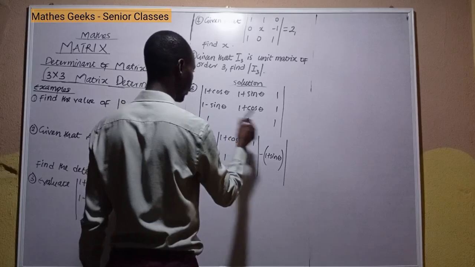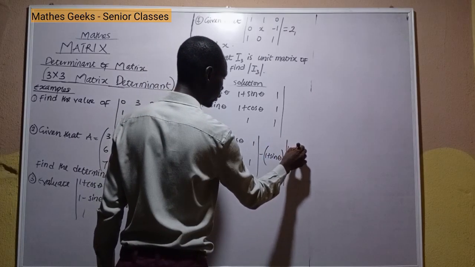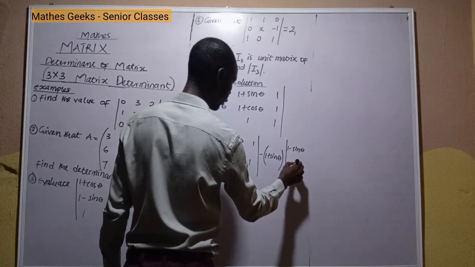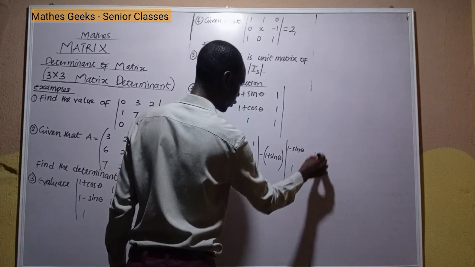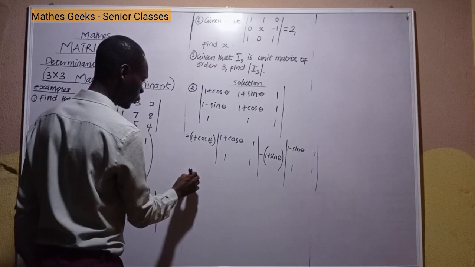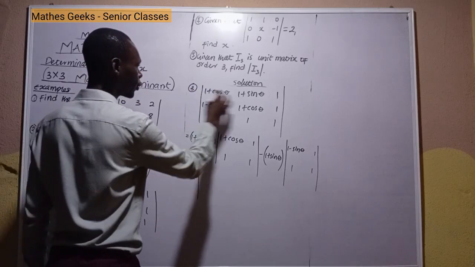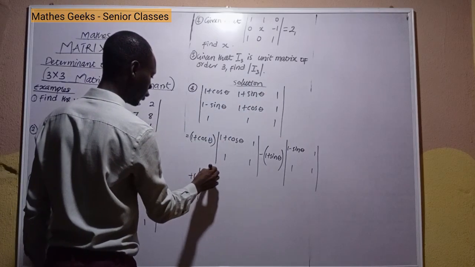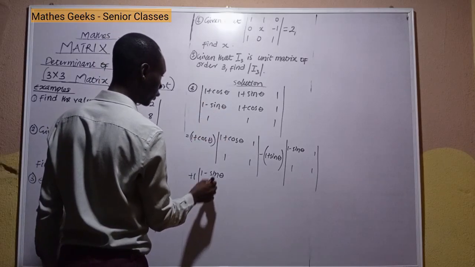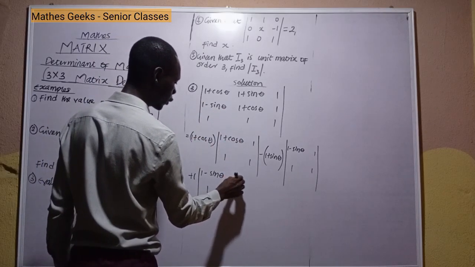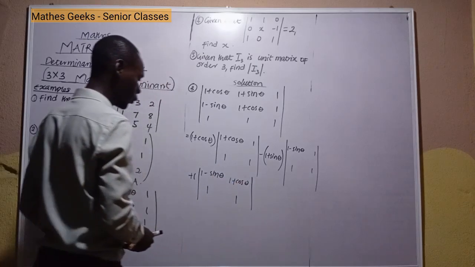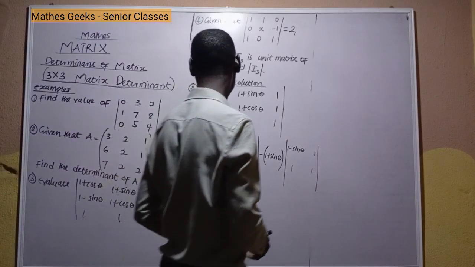First row, second column: 1 minus sin theta, 1, 1, plus 1. First row, third column: 1 minus sin theta, 1 plus cos theta, 1. Let's look for the determinants.